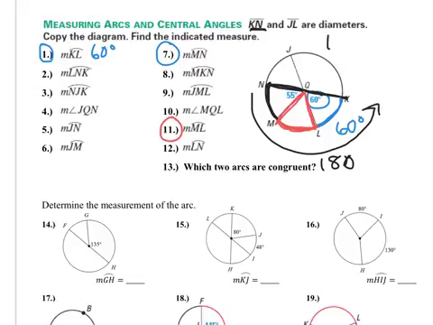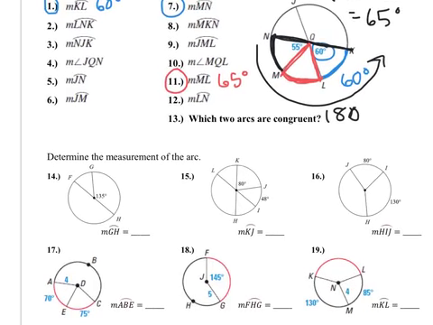So 180 minus 55 minus 60 equals 65 degrees. So the measure of arc ML is 65 degrees.